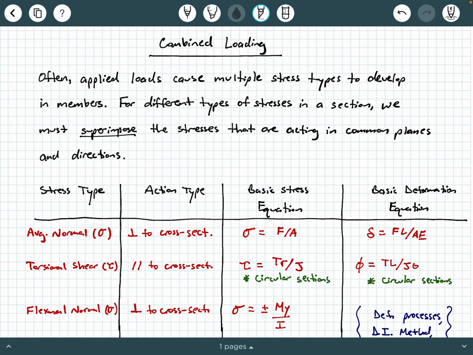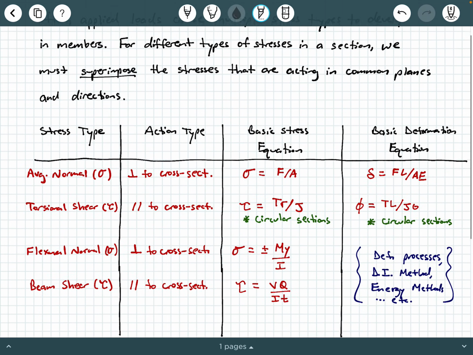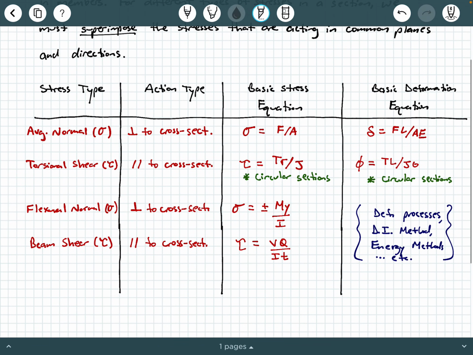Here I've already sketched out a table for us, and it's not that long of a table, but you might want to pause the video and start sketching this down, or rewind and sketch it down with me. We have 4 columns: a stress type column, an action type column, the basic stress equation column, and the basic deformation equation column.